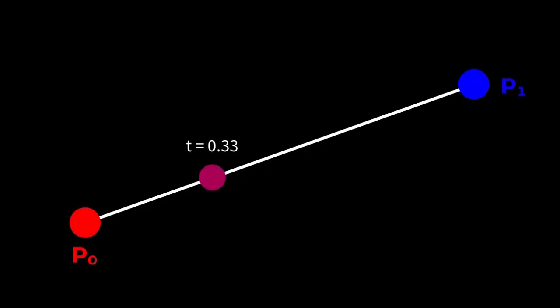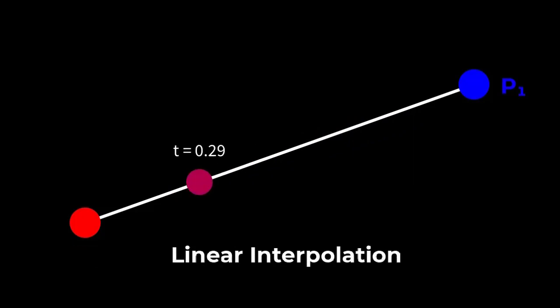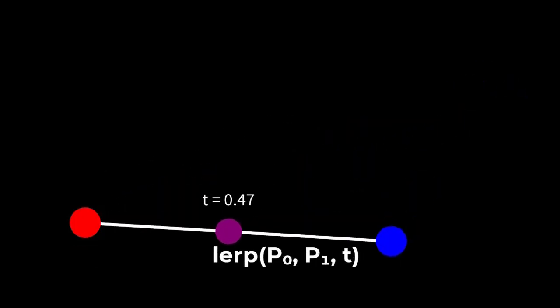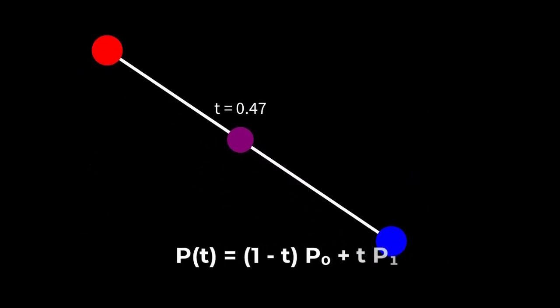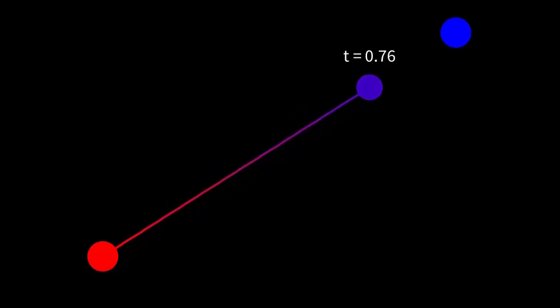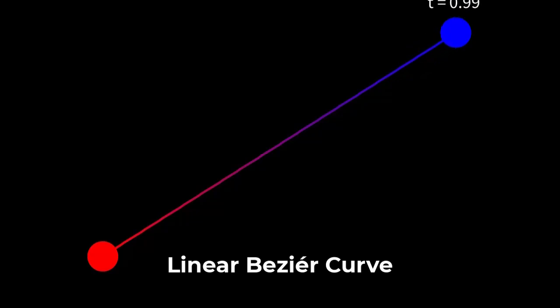This process is known as linear interpolation, denoted as lerp and written as (1 minus t)P0 plus tP1. As you change the value of t from 0 to 1, you will notice that P follows a straight line known as a linear Bezier curve or a line segment.